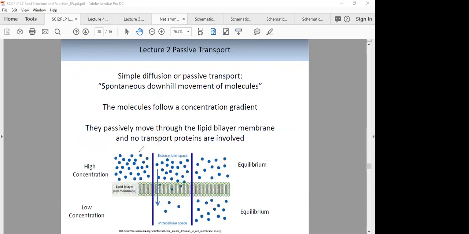And I think everyone understands this now, that these molecules, and we'll just consider them to be water molecules, will actually diffuse by the process of osmosis from a region of high concentration to a region of low concentration. And of course, they can diffuse directly through the lipid bilayer itself.